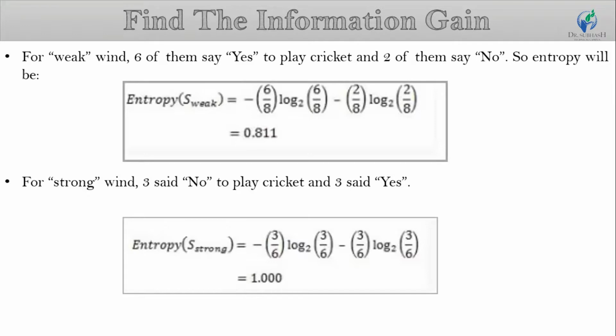Here 3 is the yes value and 3 is the no value, meaning both yes and no occur 3 times. So our answer is 1.00. This shows perfect randomness, as half the items belong to one class and the remaining half belong to the other.